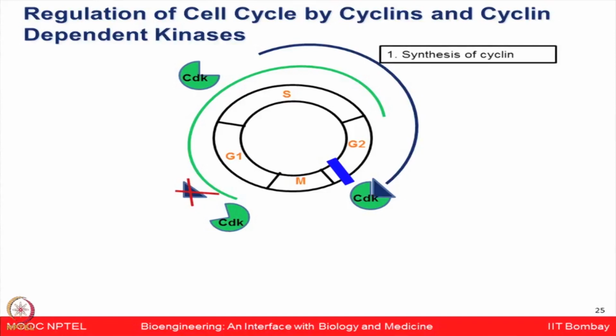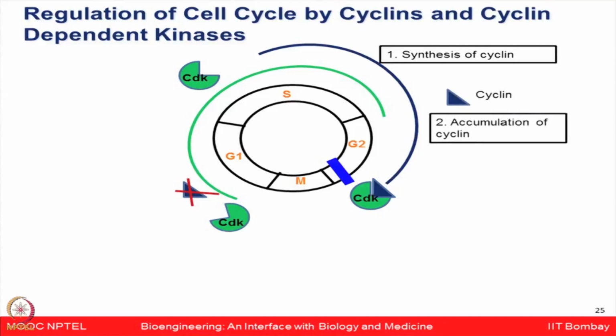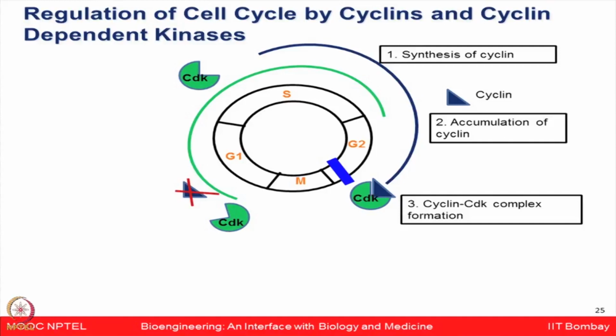All right. So, the cyclin proteins are synthesized in the S phase, right, and they get accumulated as they move into the G2 phase. At that time they interact with CDKs, or cyclin dependent kinases, to form a CDK-cyclin complex. This ensures that the cell is now ready to enter the mitotic process.